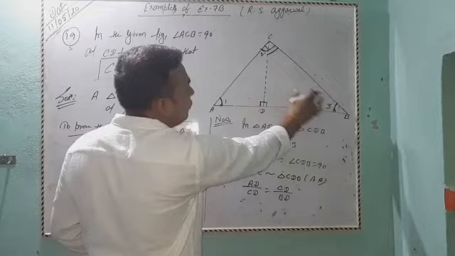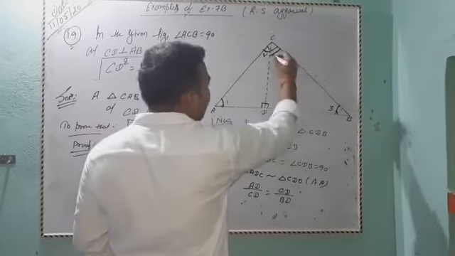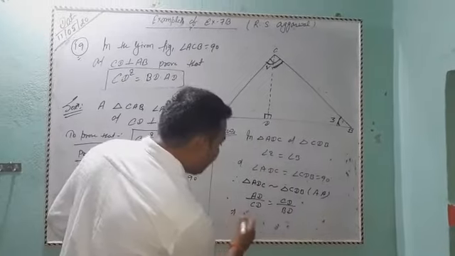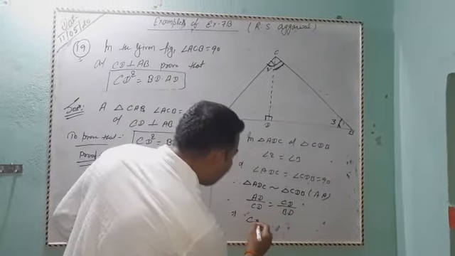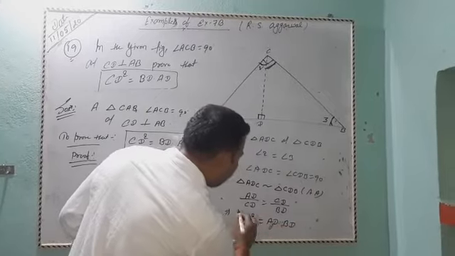Because angle 2 equals angle 3 and angle 1 equals angle DCB, by cross multiplication, CD square equals AD into BD.